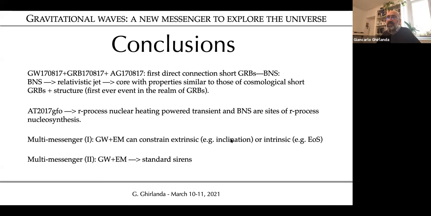I'm not really sure, probably you can comment more about the implications and or the difficulties in, let's say, gathering firm constraints from the gravitational wave signal alone.